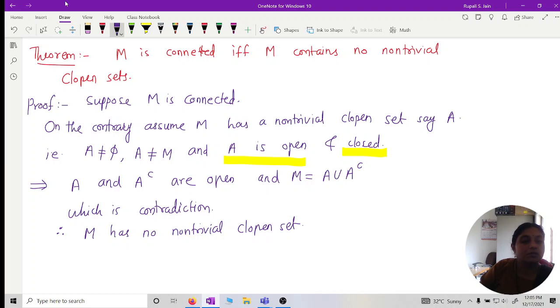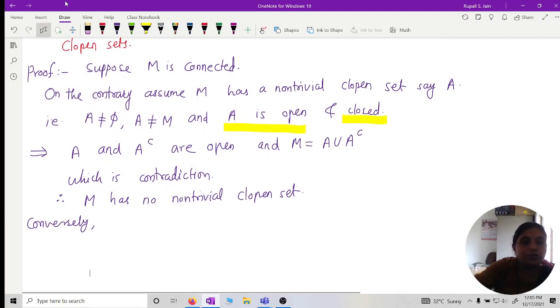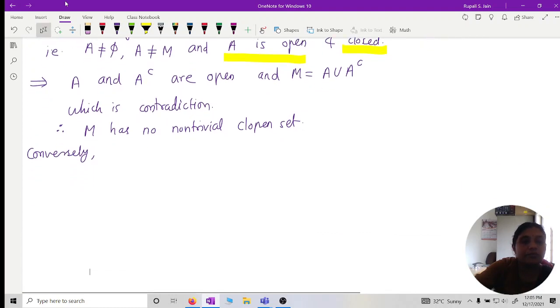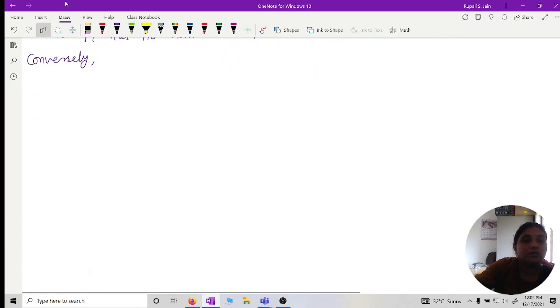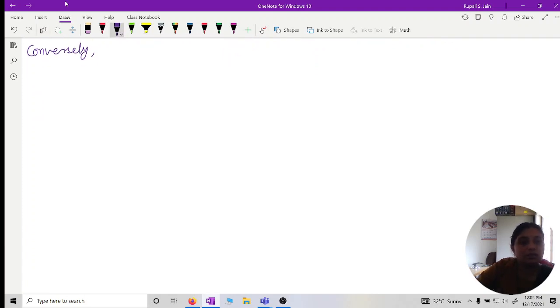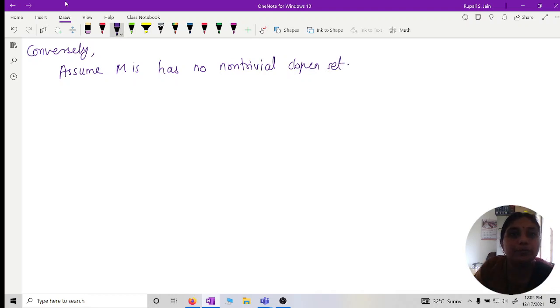Now conversely, assume M has no non-trivial Clopen set. And what we want to prove?